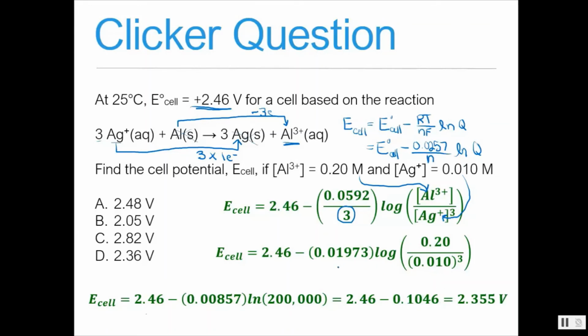Here you would also see that 0.0257 times the natural log of 0.02 divided by 0.01 cubed would also give us 0.1046, and so we calculate 2.355 volts, which is D. And again, we can see that the cell potential is positive, and so it would be a spontaneous reaction.